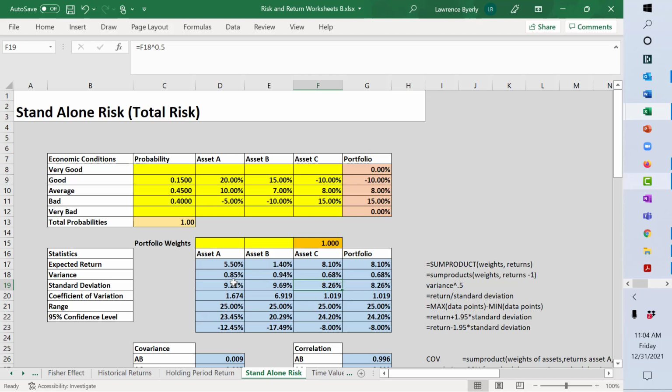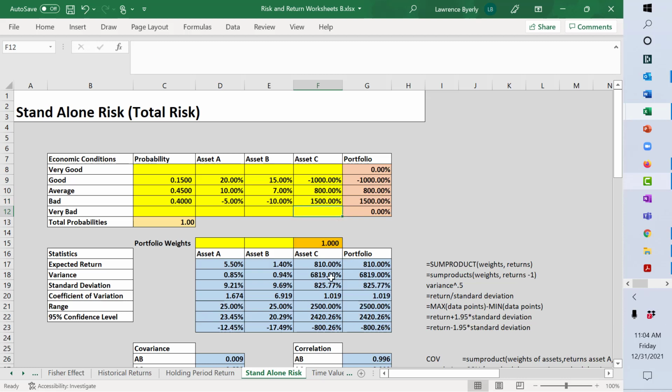So C not only has the highest rate of return, but it also has the highest risk level when you talk about standard deviation. Now, the challenge with making these comparisons on standard deviation is that those numbers are influenced by the size of the numbers. So if you look at this standard deviation number, if we just multiply each one of these numbers by 100, right? So negative 1,000, 800, 1,500.